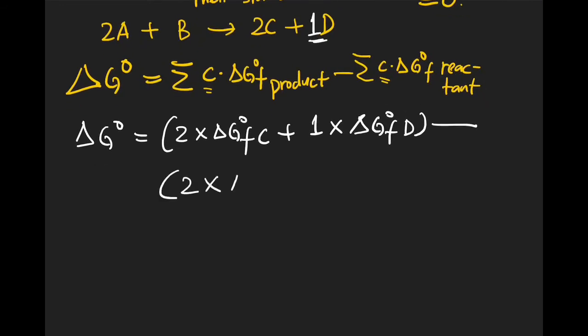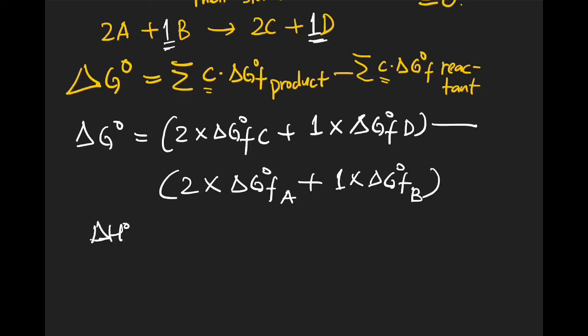So 2 multiplied by delta GF of A, plus 1, because this is also 1, multiplied by delta GF of B. Just like the enthalpy, where we can find the delta H of a reaction based on the delta HF of the products minus delta HF of the reactants.